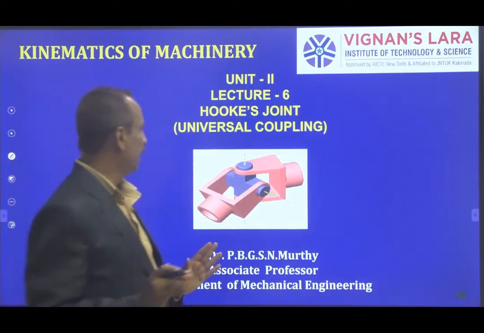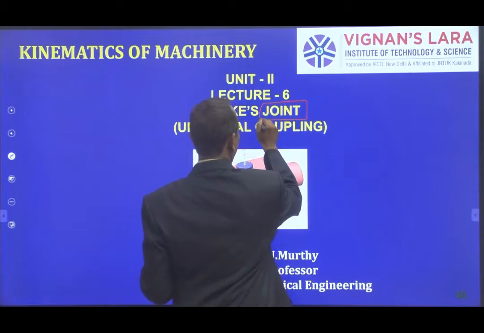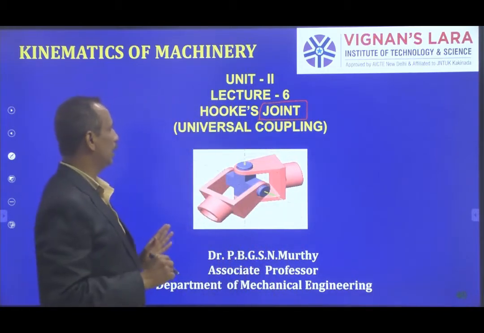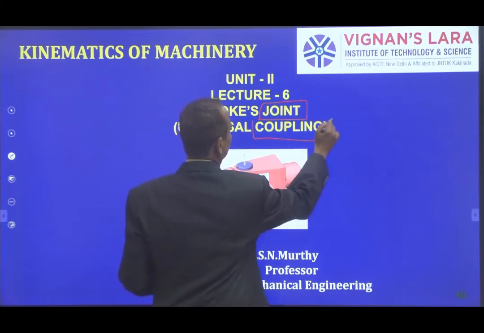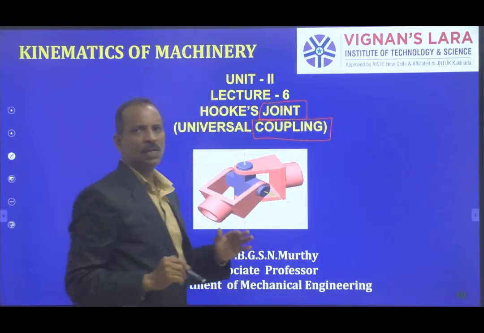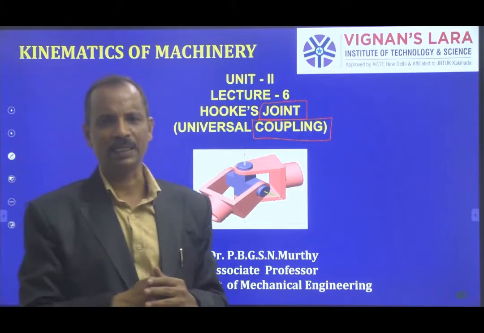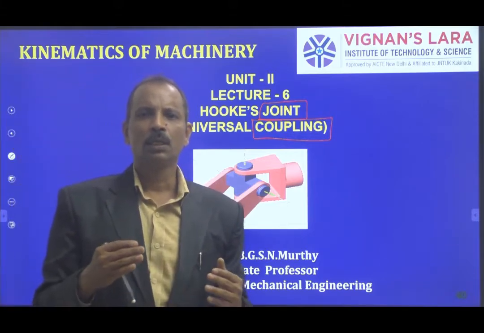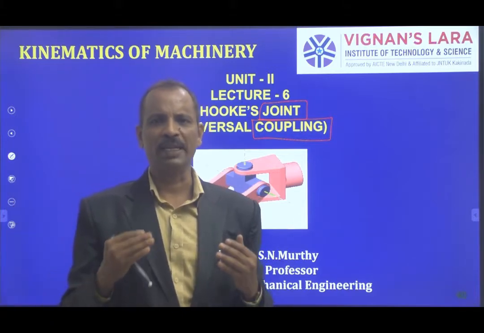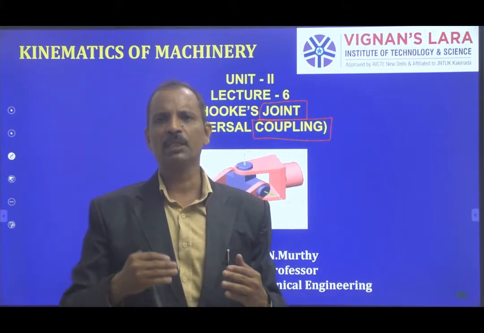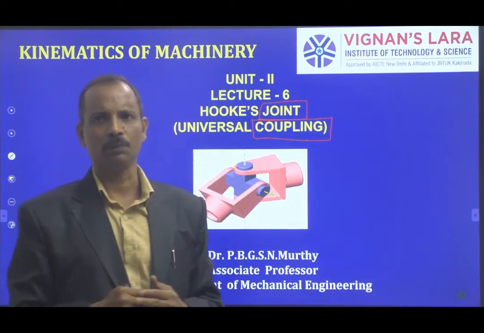The name itself, joint, whatever the name is, either hook joint or coupling: a couple connects, a joint connects. That means two members, two machine elements, when they are connected by some mode, that is called a joint or coupling.